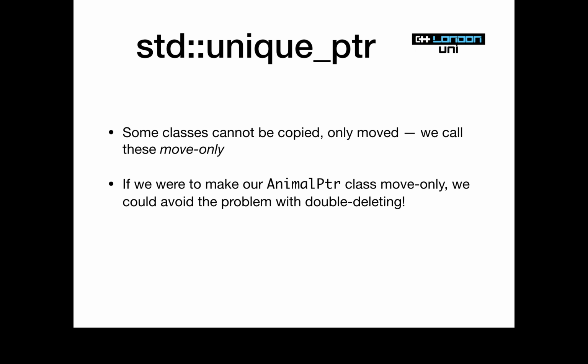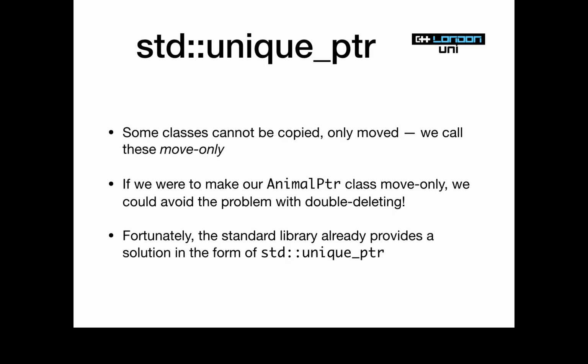So, okay, what I could do now is show you an example of how to write a move constructor and a move assignment operator. And perhaps if we had a bit more time, I would. But it would all be rather needless, because the standard library already provides exactly what we need.